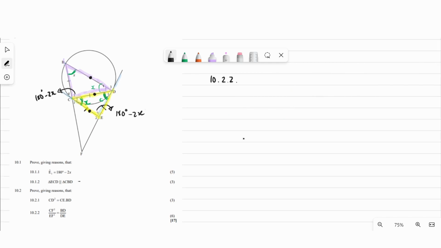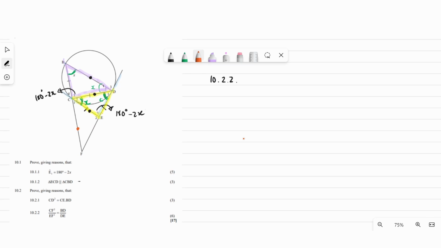Now we're going to do 10.2.2. It says CF squared divided by EF squared is equal to BD divided by DE, right? So let's go mark what they're talking about. I'm going to mark it in orange. CF squared, they're talking about this one, right?